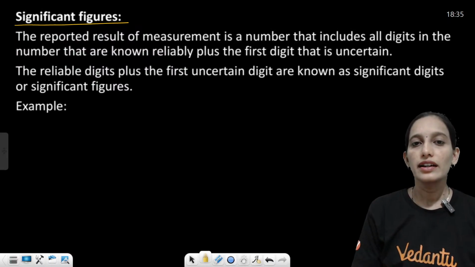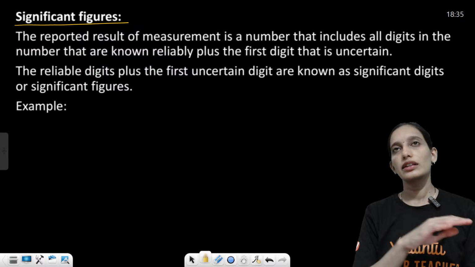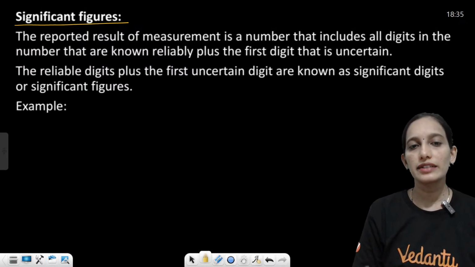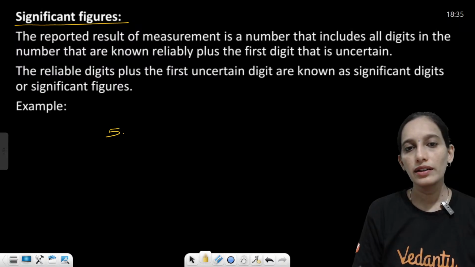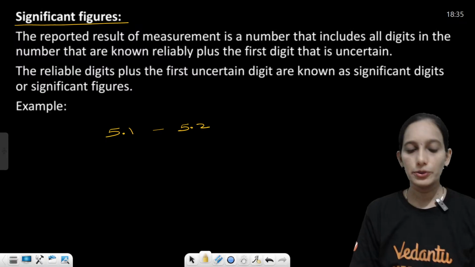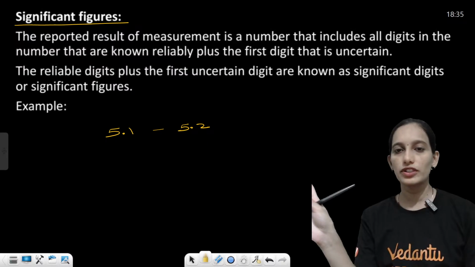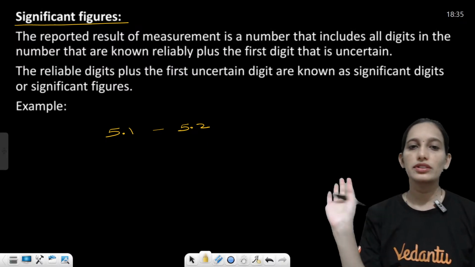Let us say I did some length measurement. I say the length was found to be between 5.1 and 5.2. I measured the length of some bar which is given to us in college.